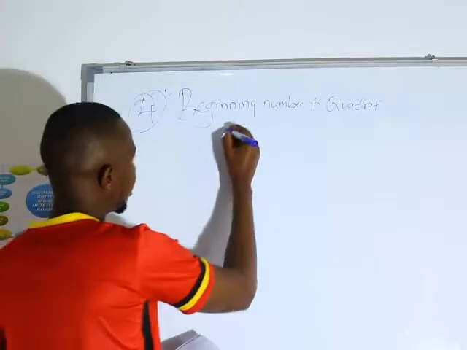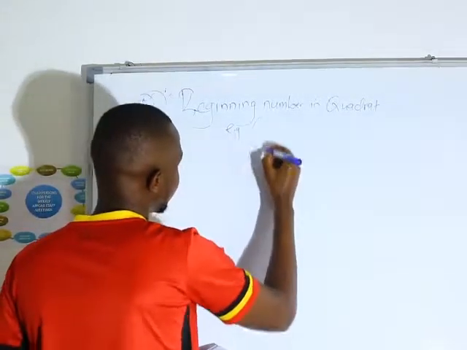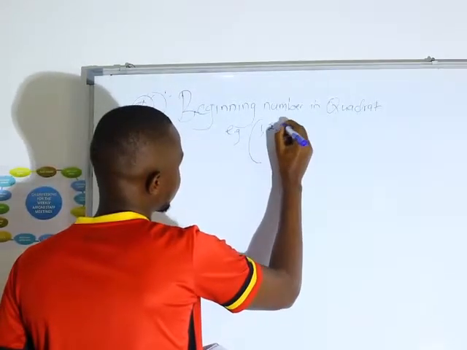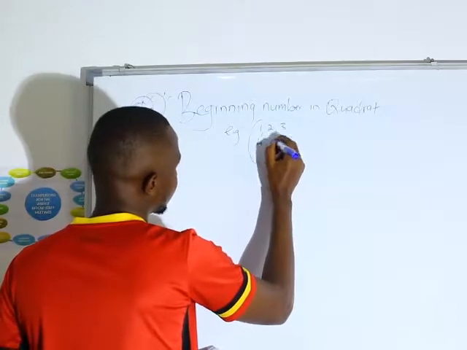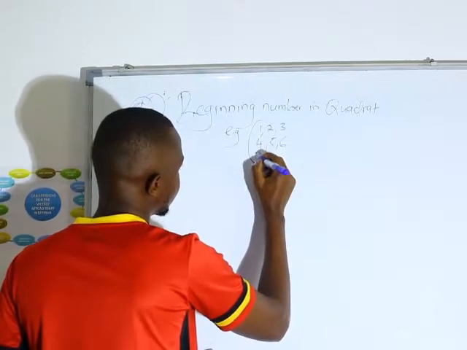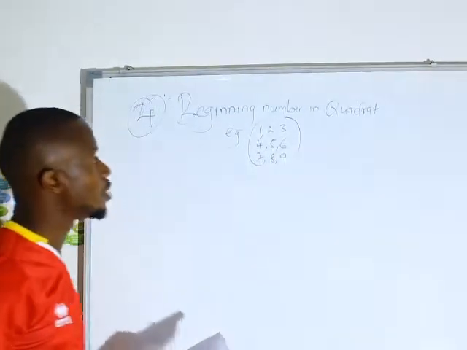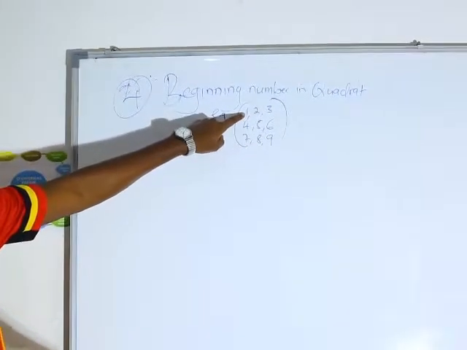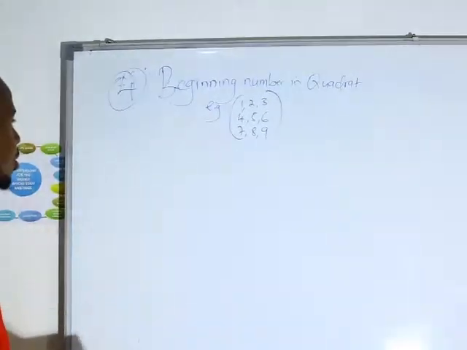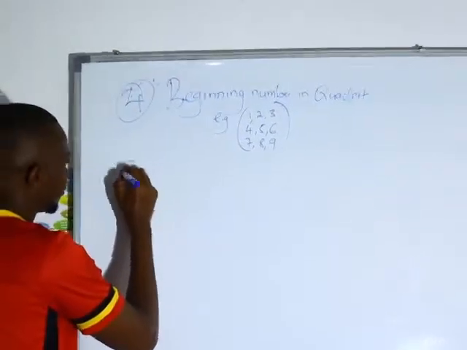For example, Iggy, in this first quadrant, 1 is the beginning number.